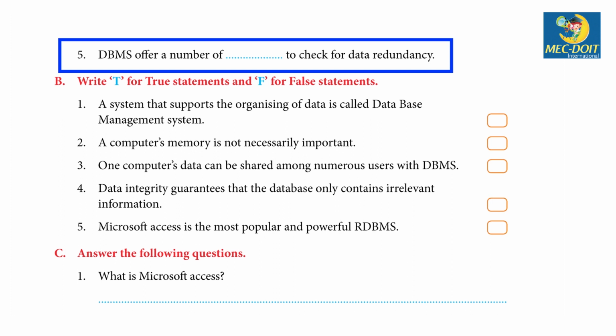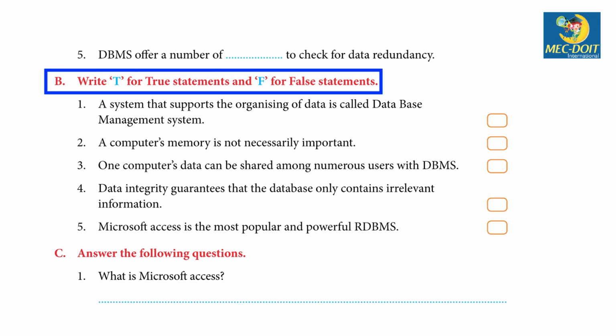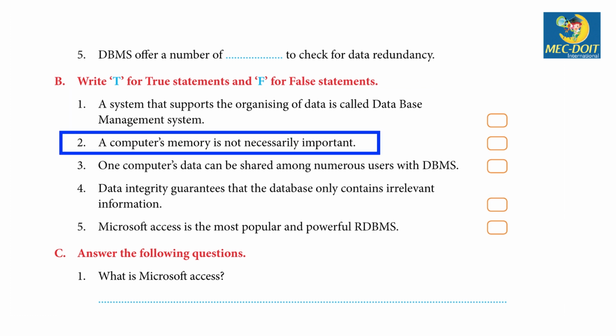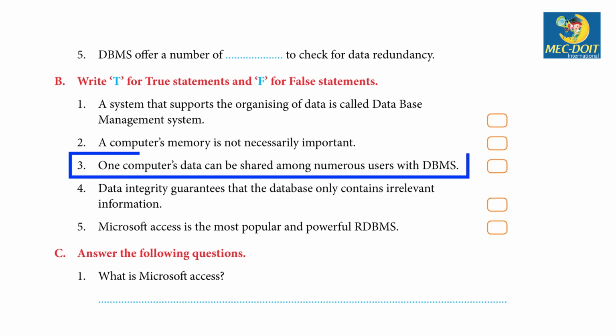B. Write T for true statements and F for false statements. 1. A system that supports the organizing of data is called a database management system. Answer: true. 2. A computer's memory is not necessarily important. Answer: false. 3. One computer's data can be shared among numerous users with DBMS.